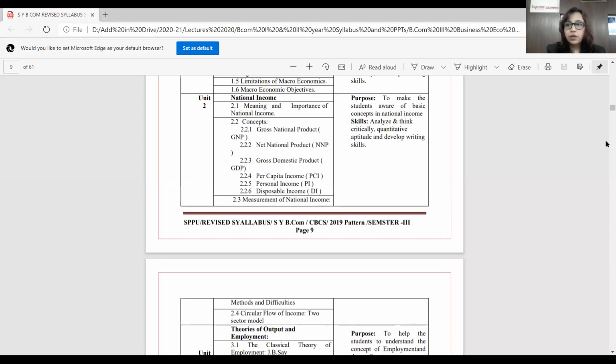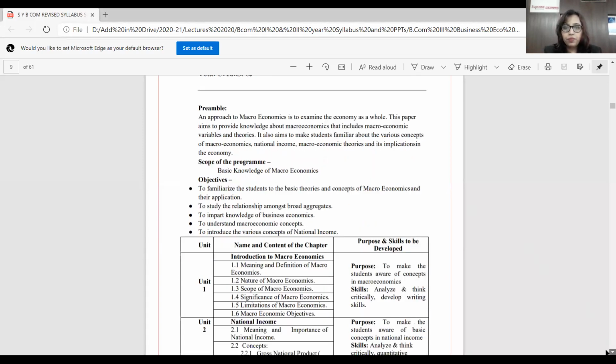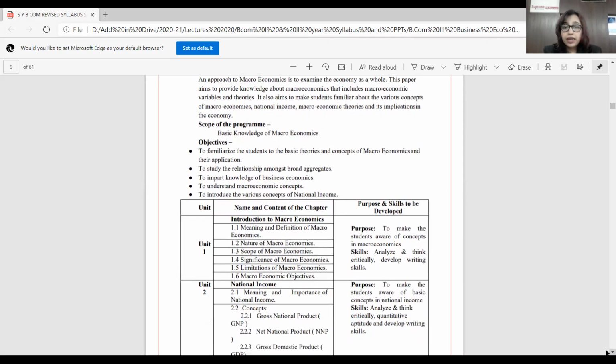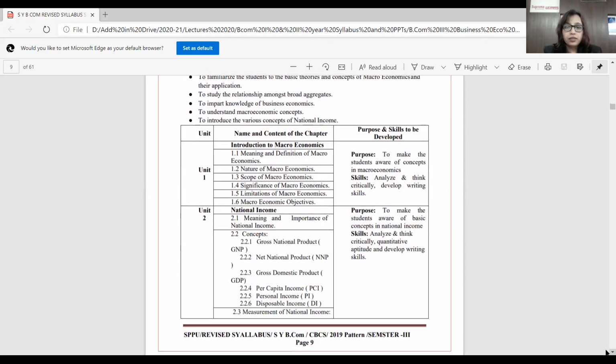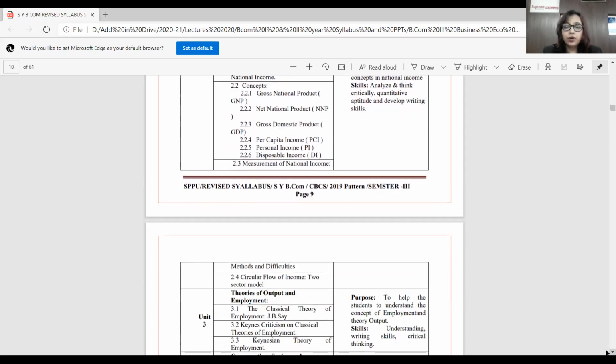Your first unit comprises concepts like introduction to macroeconomics, definition of macroeconomics, nature, scope, significance, and limitations of macroeconomics. And concepts like national income, meaning and importance of national income like GNP, NNP, GDP, per capita income, personal income, disposable income, you'll be studying in your second unit.